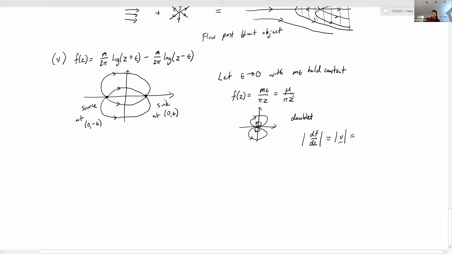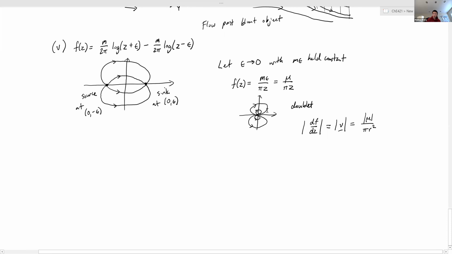And if you were to take this derivative right here, then you would get something like this, and so it decreases by 1 over r squared. It's kind of an abstract concept. The reason why I wanted to show you guys this is a flow profile that you guys have seen before.